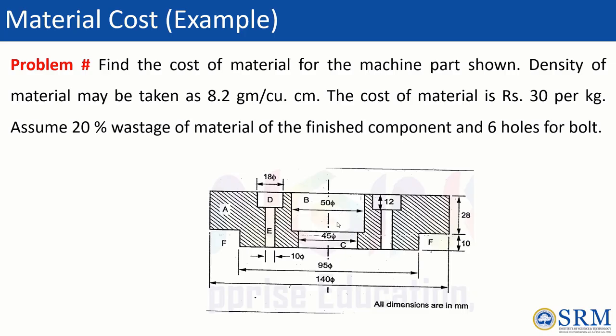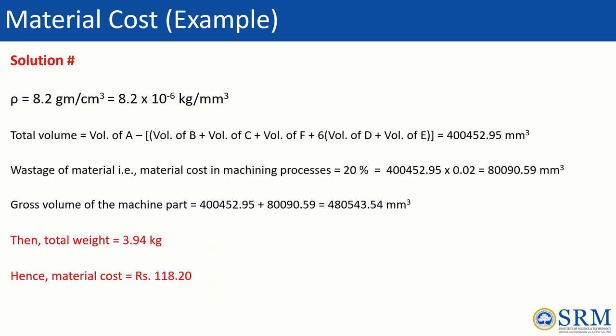To find the net volume, we take the solid outer envelope volume and subtract the central stepped bore sections B and C, the corner relief profiles F, and the volumes of the 6 bolt holes which are represented by sections D and E. Following this approach, the net volume of the finished component is 480,543.54 millimeter cube.